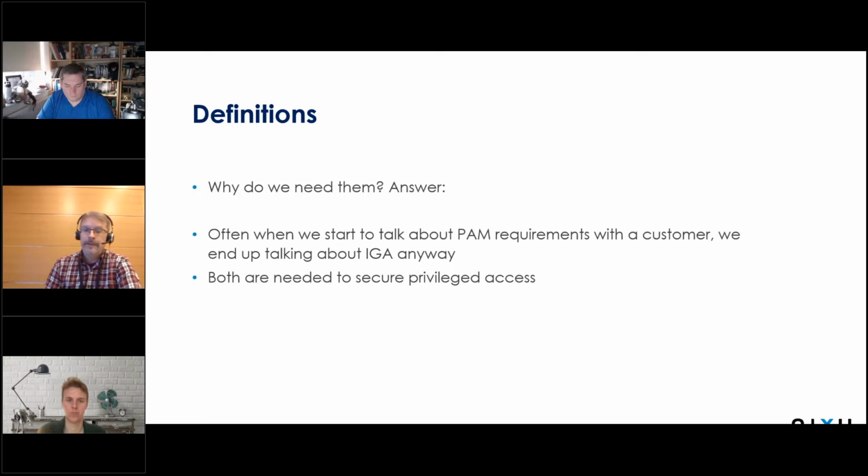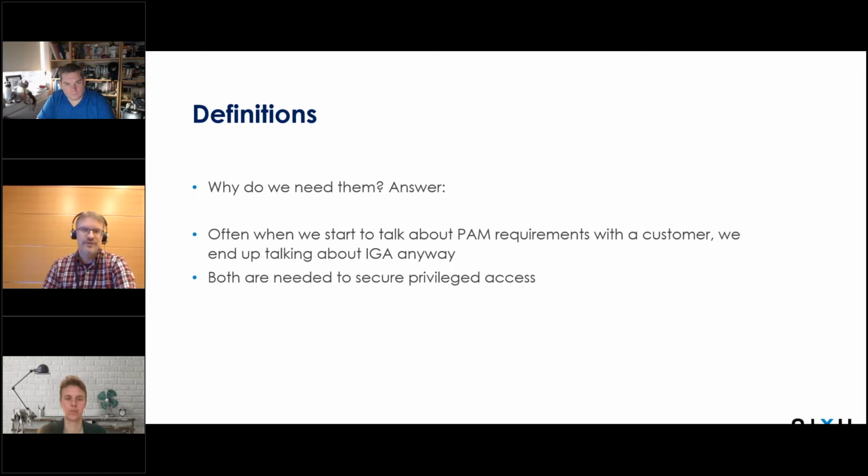Because over here at Nixu, we've noticed that when we do PAM pre-study projects, meaning current state analysis and requirements gathering and target state architecture design and so on, we go into the project thinking that we'll talk about PAM and only PAM, but we end up talking about IGA anyway.